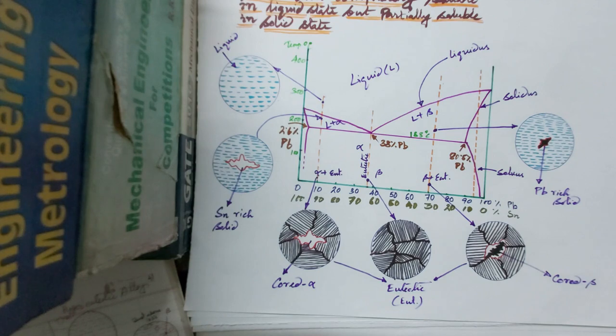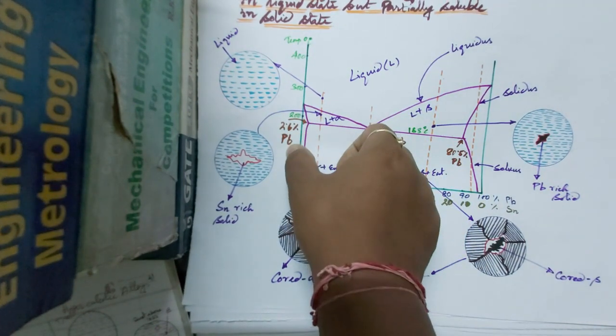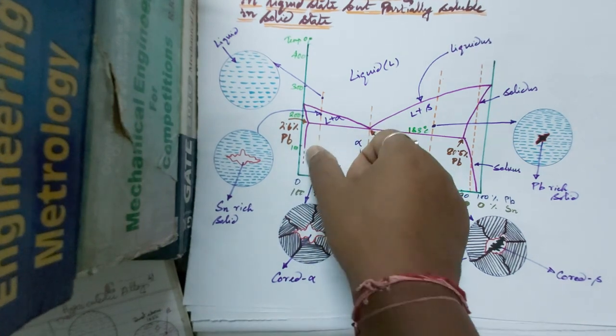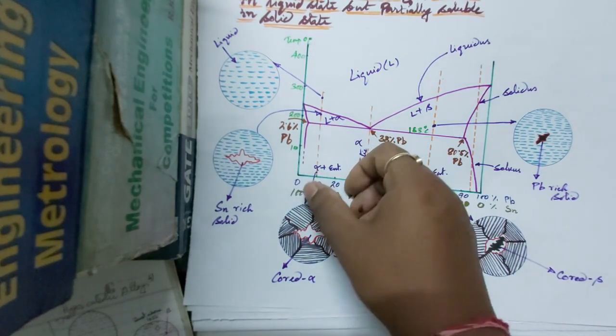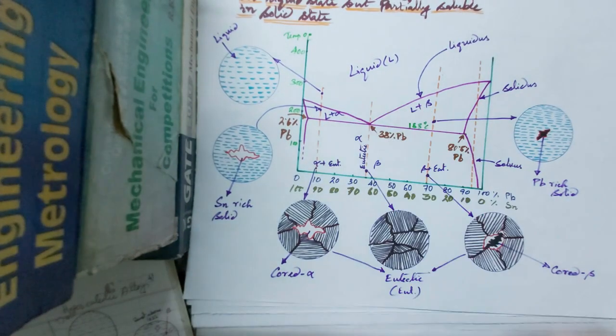So from this figure we can say tin is dissolved up to a maximum of 2.6% of Pb at eutectic temperature. Tin will dissolve up to 2.6% of Pb at eutectic temperature.